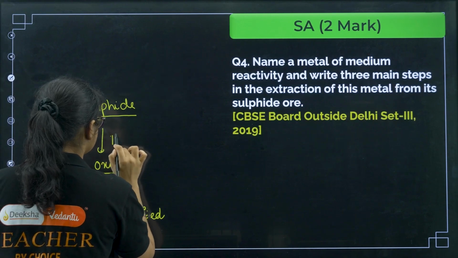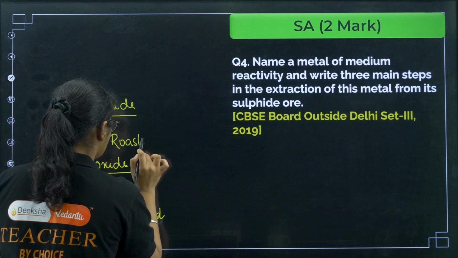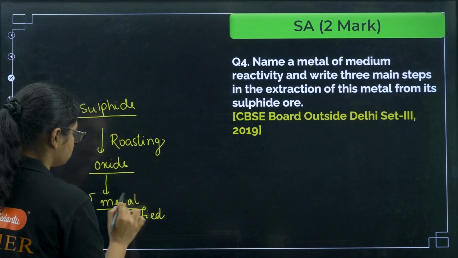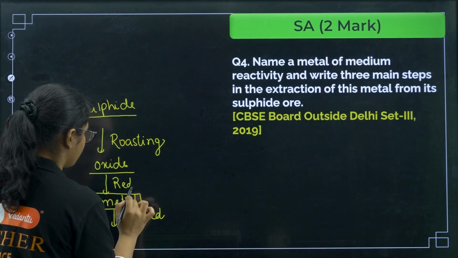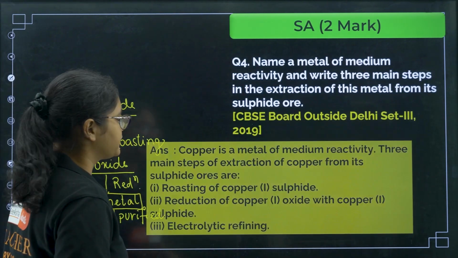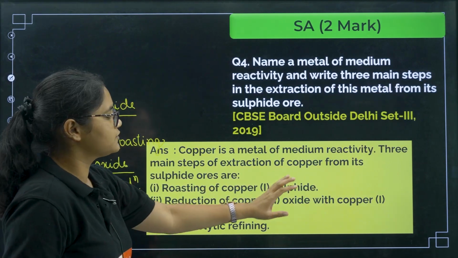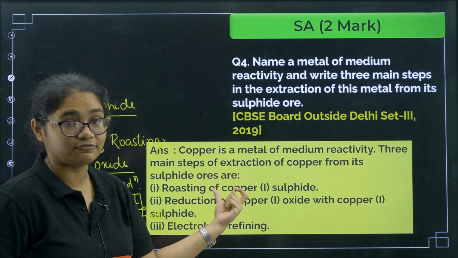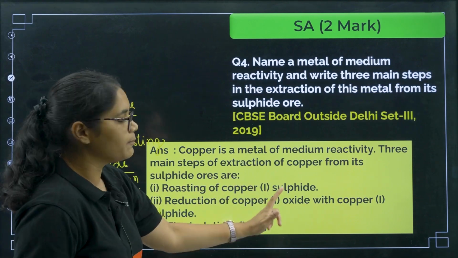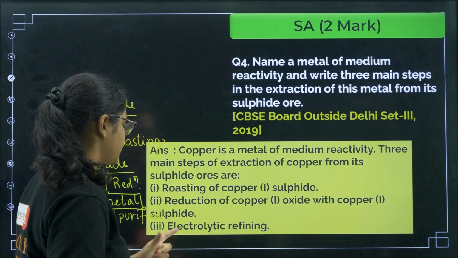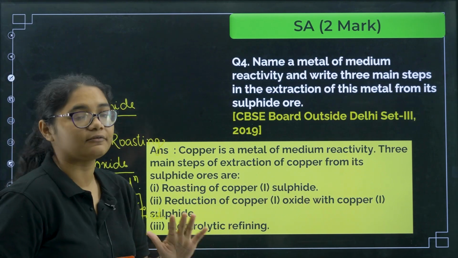First it is roasting. Oxide to metal, that is reduction. So you can see here, copper is a metal of medium reactivity. The 3 main steps of extraction of copper from its sulfide ores are roasting of copper sulfide, then reduction of copper oxide with copper sulfide, and then electrolytic refining.